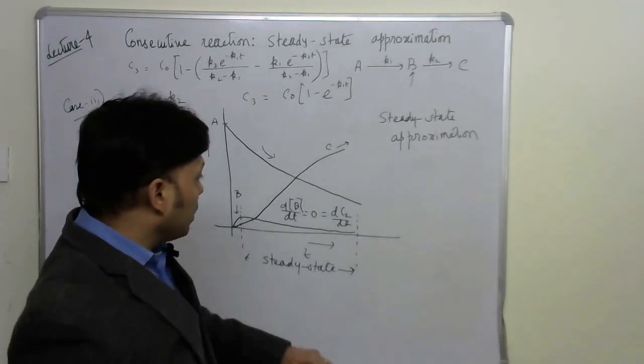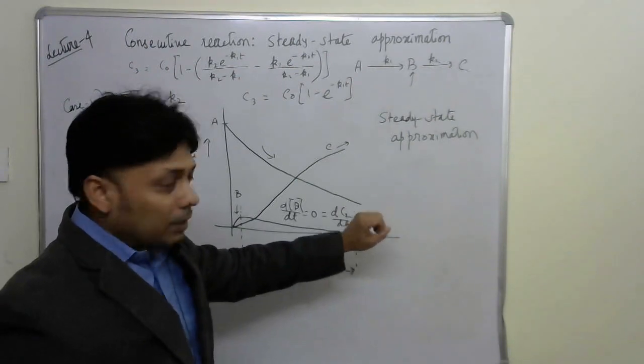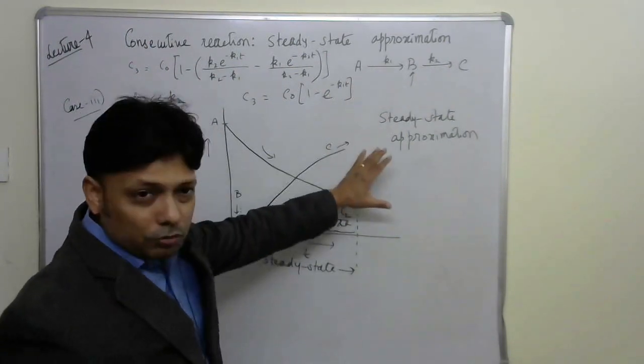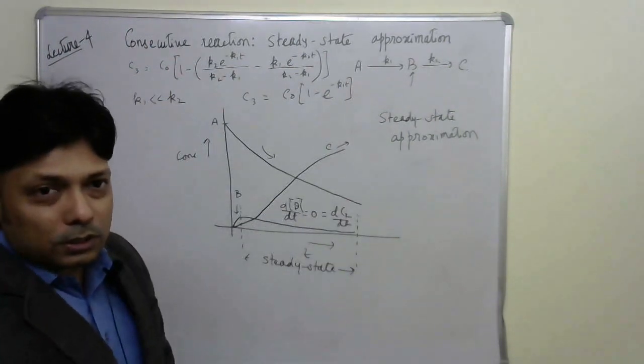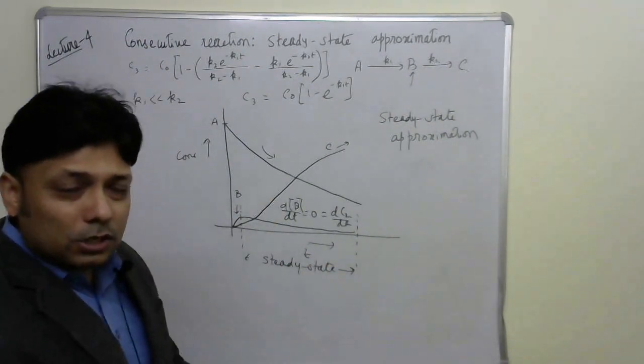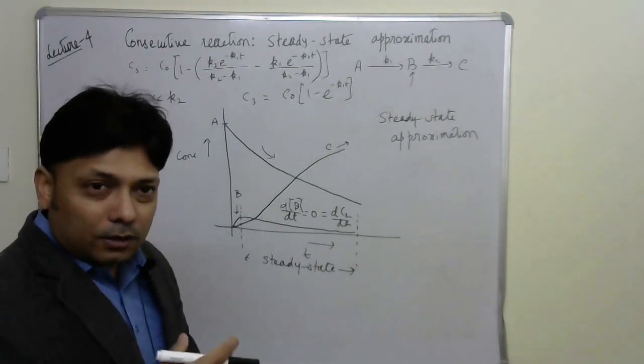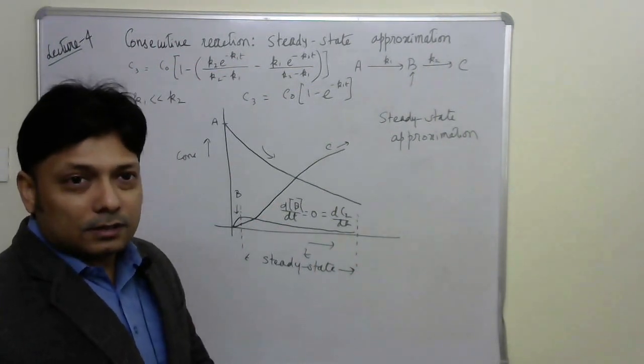That means whenever we apply the concept of steady state, we can assume that the intermediate's concentration is not changing with time. And that concept would help us to solve many multi-step complex chemical kinetics.